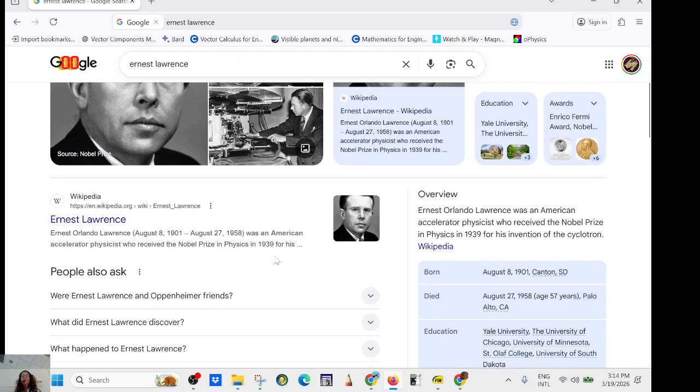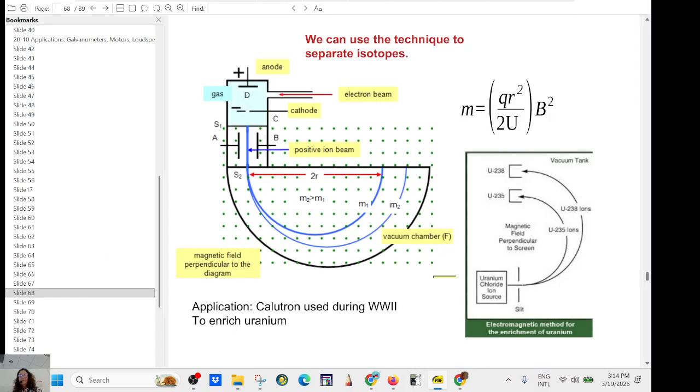He got a Nobel Prize also, but not for the bomb. He worked on the cyclotron that we're going to see soon, and he improved the mass spectrometer. Any question? Very interesting story, right?